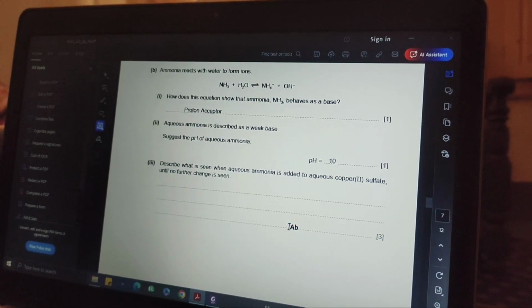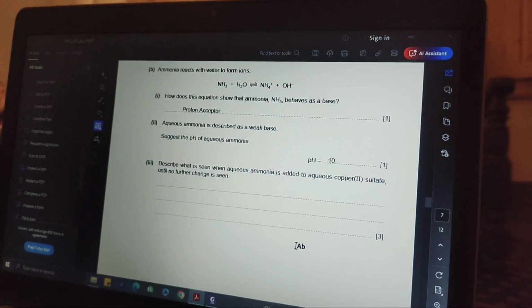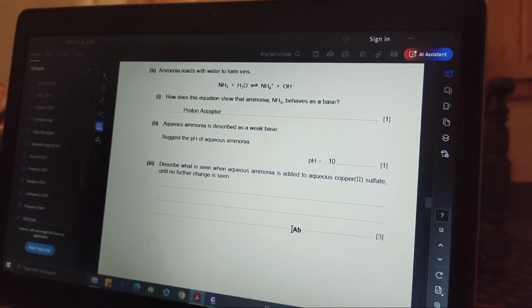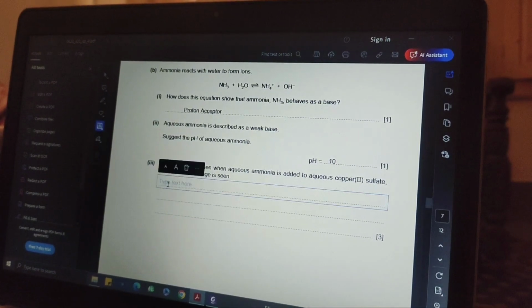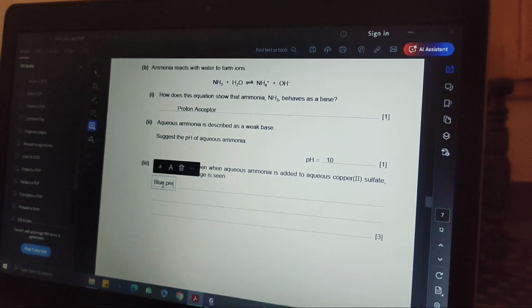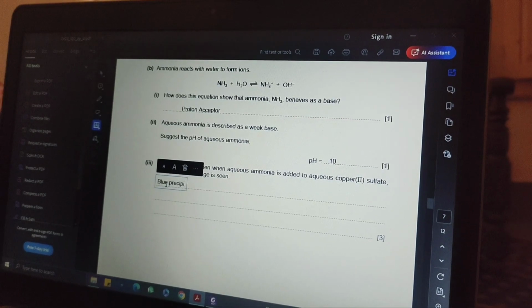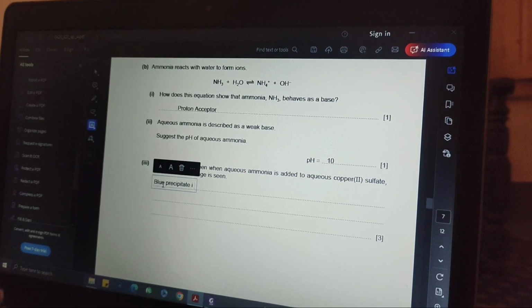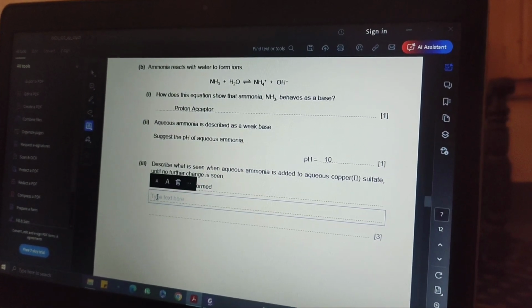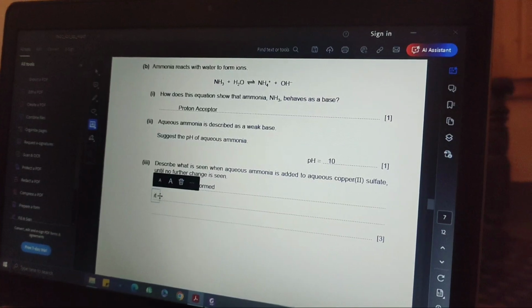Describe what is seen when aqueous ammonia is added to copper sulfate until no further change is seen. So when we start adding the ammonia, the blue precipitate forms. Blue precipitate is formed at first, but if we keep on adding the ammonia, it dissolves.